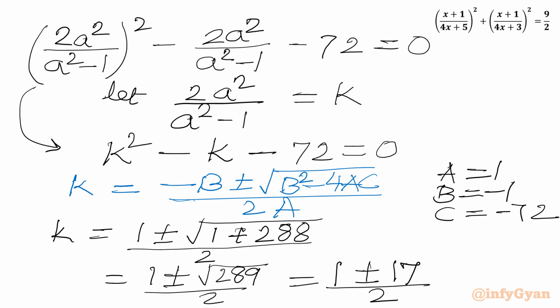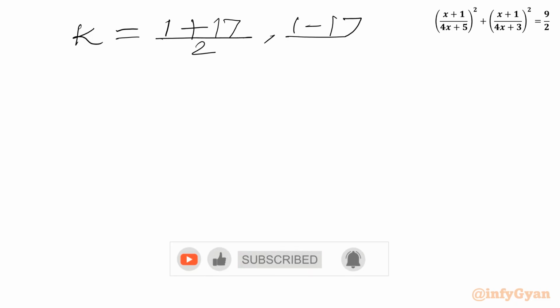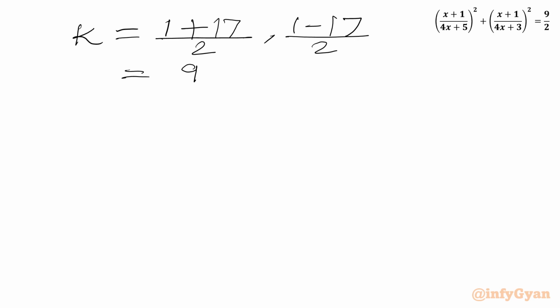So we can write two k values. k will be equal to (1 + 17) over 2 and (1 − 17) over 2. So this will give us 18 over 2, which is 9, and here we will get −16 over 2, which is −8. And k was our substitution, 2a² over a² − 1.